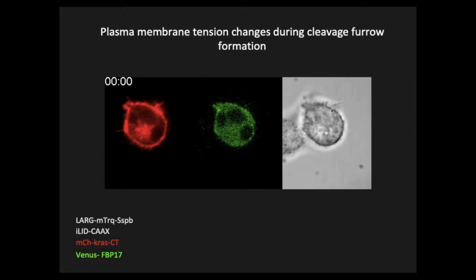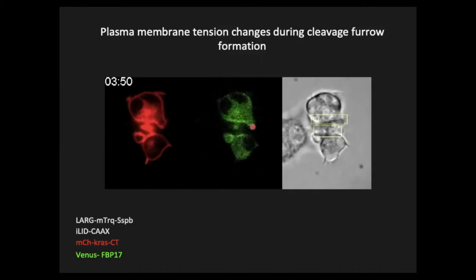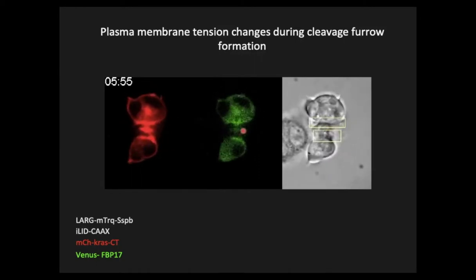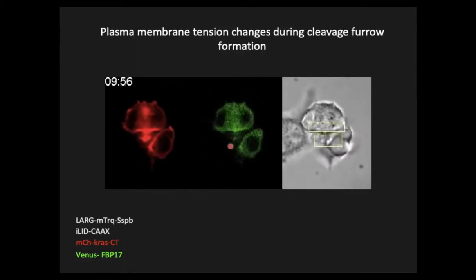Next, we use a low membrane tension marker, the formin-binding protein 17, FBP17. As you will see in the movie, the red channel is the membrane marker. In green, we have FBP17, which binds to the membrane with low tension. After furrow formation, we see that the low tension marker is localized in the furrow region in the back of the daughter cell.